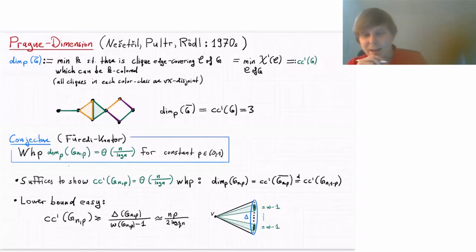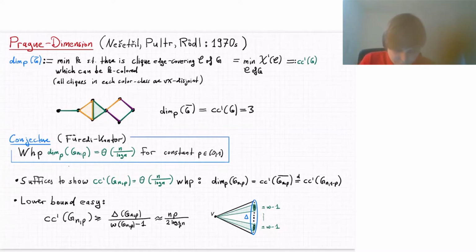And so now you might ask yourselves, okay, is the Prague dimension of this graph really 3? And one way to convince yourself is the following. Let's just look at this particular vertex here. By construction, we know that cliques which intersect in a vertex have to receive different colors. So in this case here, we have this edge, and at least one edge or one triangle in every possible clique covering of this graph.